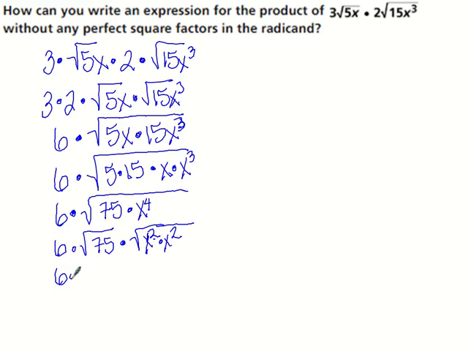So it's going to be 6 times the square root of 25 times 3. And then I'm going to rewrite this as x to the 2nd squared. 6 times break up 25 and 3.